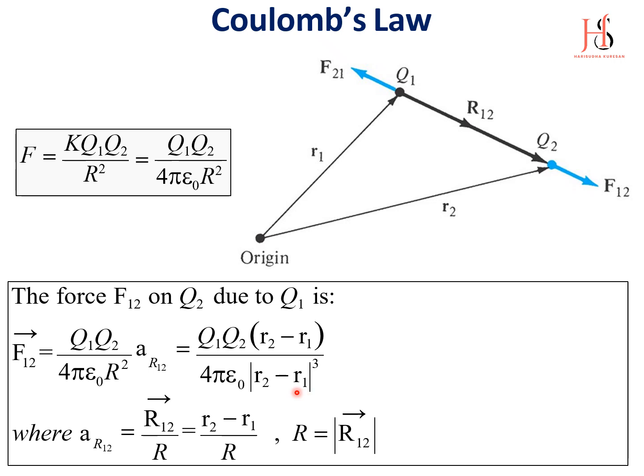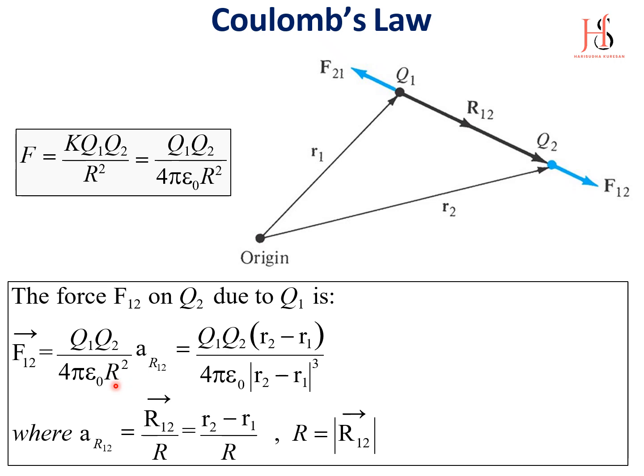Since Q1 Q2 and 4 pi epsilon naught remain the same, the unit vector is nothing but the vector divided by its magnitude. So R2 minus R1 divided by the magnitude of R2 minus R1, that is your a.